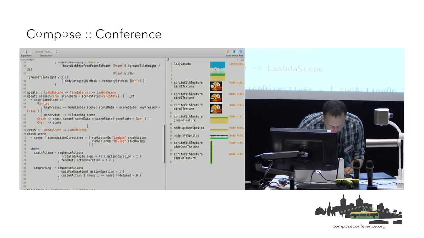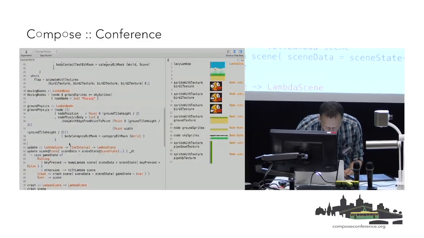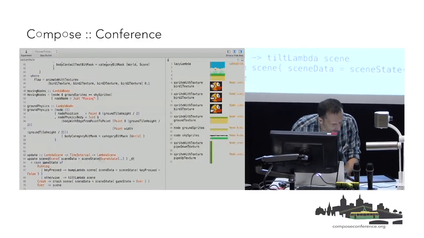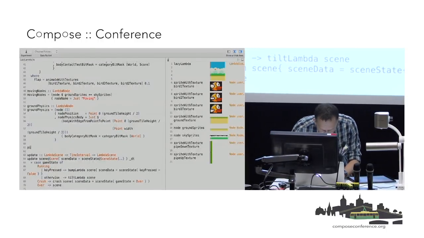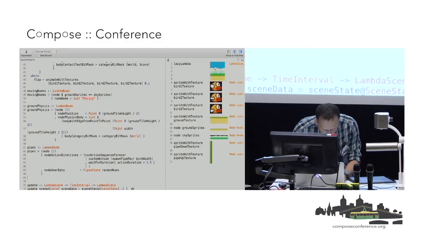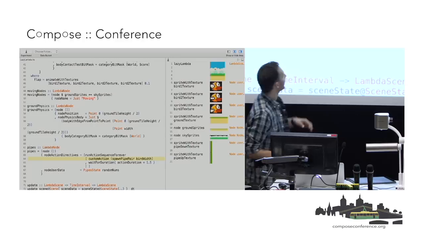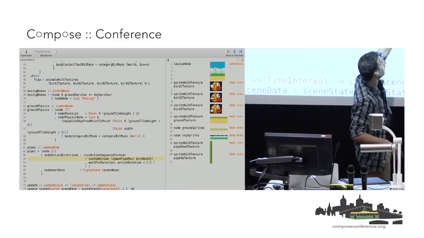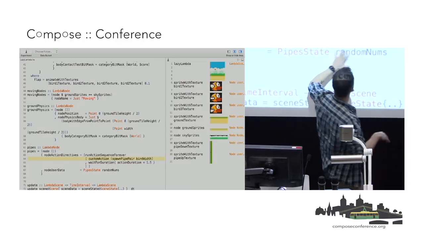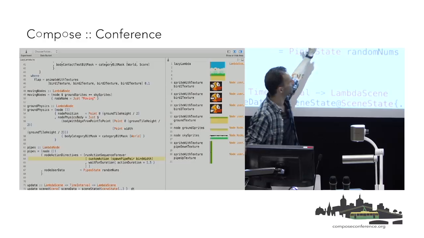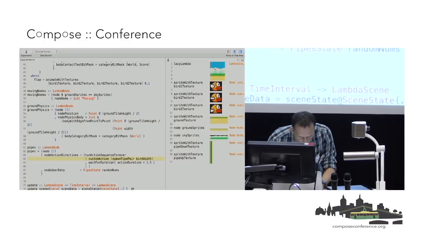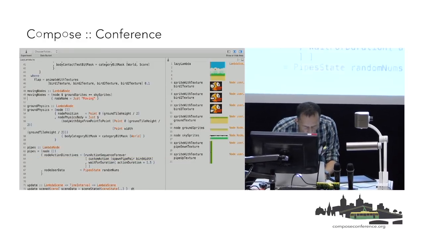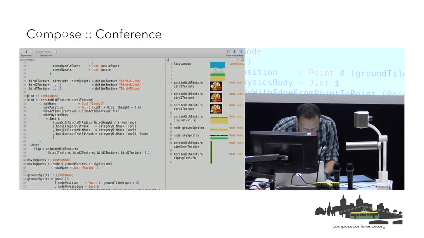So we do that by adding, as always, another node to our scene. This time around, it's the pipes function. And those pipes nodes come with a custom action to spawn a pipe pair. And there's some random number generation going on. The details are quite boring, but those pipes we have to add to the moving nodes.